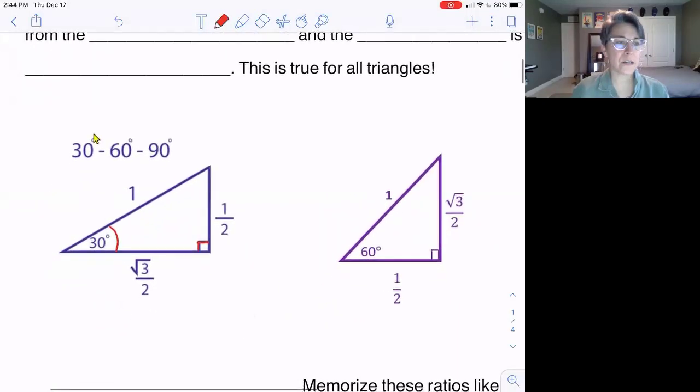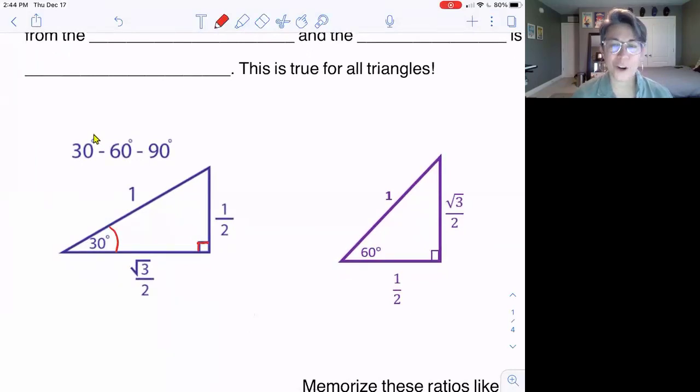Okay, that's these guys here, and I apologize for that yellow arrow cursor that got copied and pasted. Okay, so notice in this left triangle, my 30 degrees that I'm focusing on there, the side across from the 30 degrees is 1/2, and then the side next to or adjacent to that 30 degrees has a measurement of rad 3, or the square root of 3 over 2, when the hypotenuse is 1.